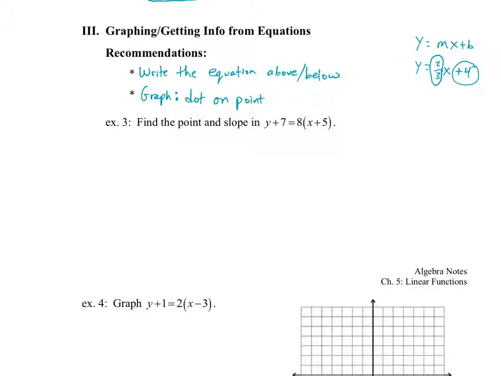So instead of doing the y-intercept, you'd say, okay, what's x1, y1? Take that point, put a dot there, and then use slope to find more points. Once you find the points, put a line through it. So that's what we're going to do in the next couple examples.